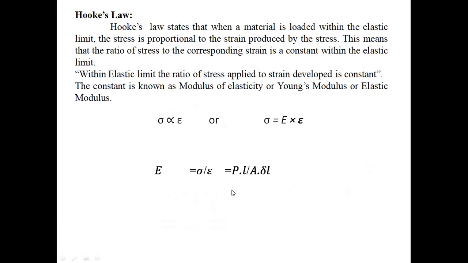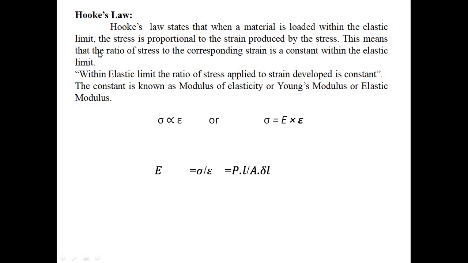Now, the relation between stress and strain. We have already seen this in the previous lecture. What is Hooke's law? Hooke's law states that when a material is loaded within the elastic limit, the stress is proportional to the strain produced by the stress.